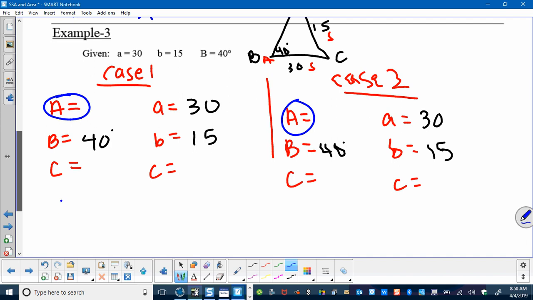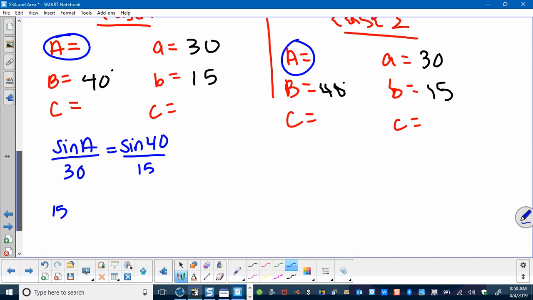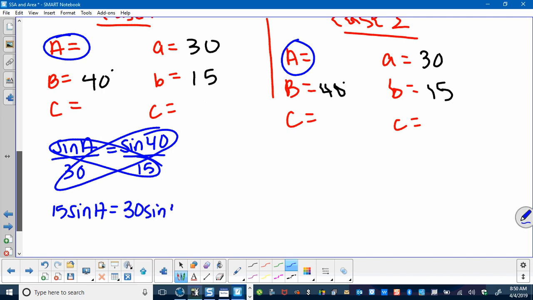We do it in the first problem, and we'll get an acute angle for A. Well, maybe. Okay, let's do sine A over 30 equals sine 40 over 15. You cross multiply, you get 15 sine A, I like letters on the left, equals 30 sine 40.